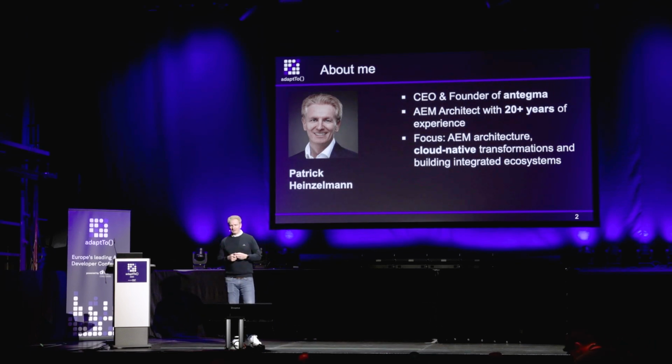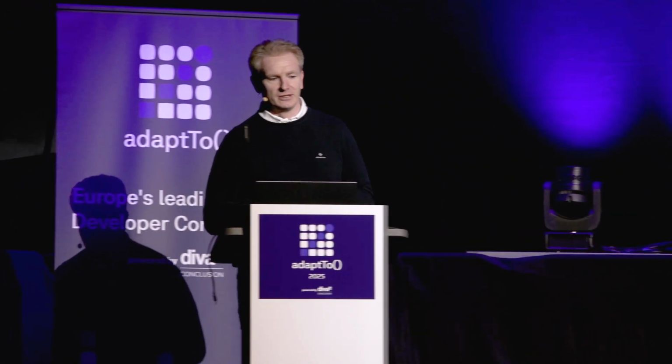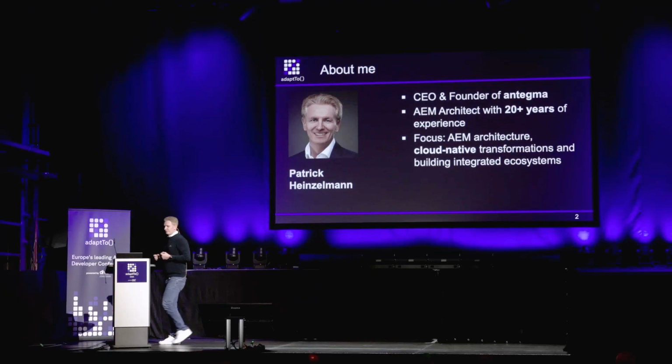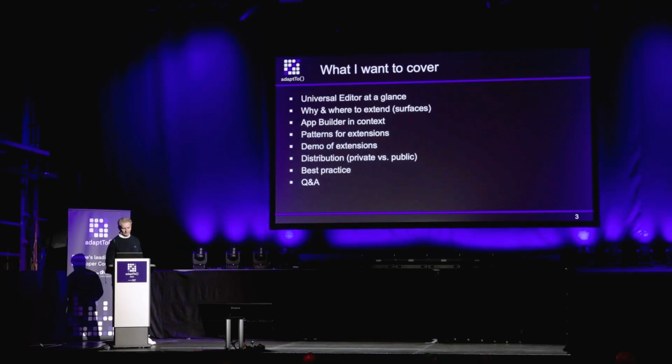As part of that, we're also looking into scenarios of how we can integrate Adobe's latest technologies like Edge Delivery and Universal Editor into that whole content supply chain topic. For that, we had to extend what we do today with AEM. And I want to give you a few insights on how we do that.